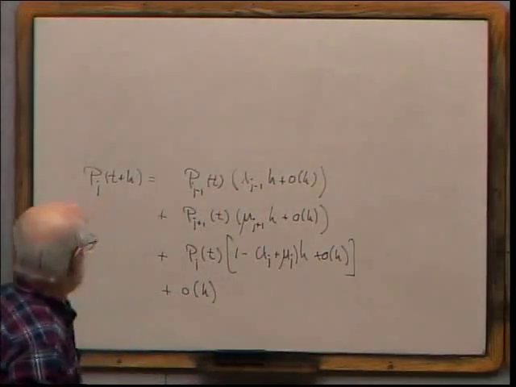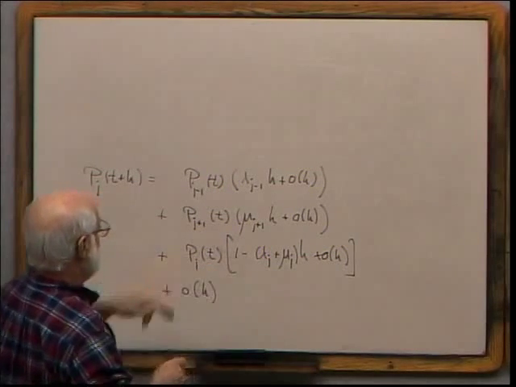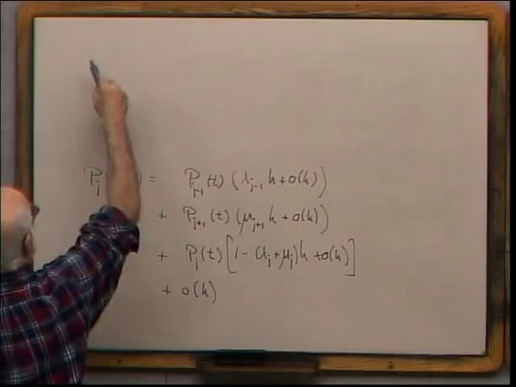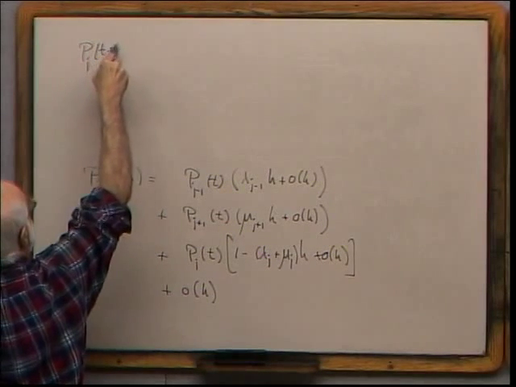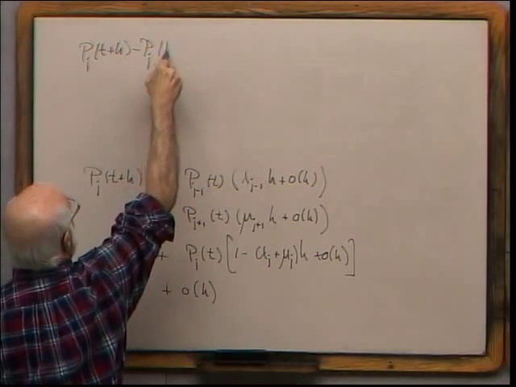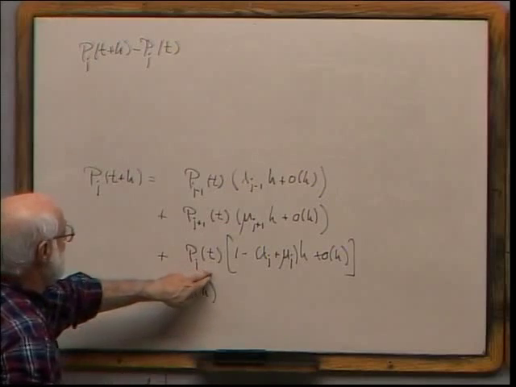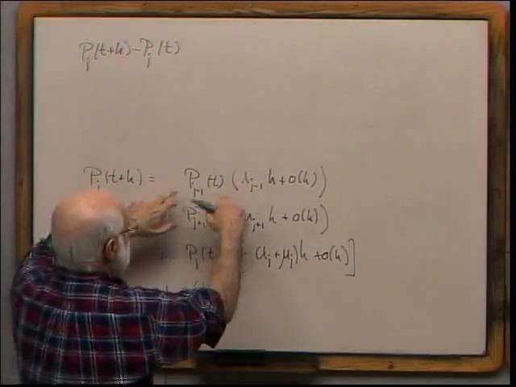So what I'm going to do is, first of all, I'm going to multiply this p j times 1 and move that over to the left-hand side. So that's going to give me p sub j of t plus h minus p sub j of t. Okay, so that takes care of this guy. And then I'm going to multiply all of these terms out.